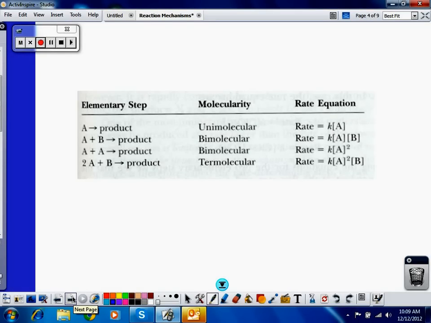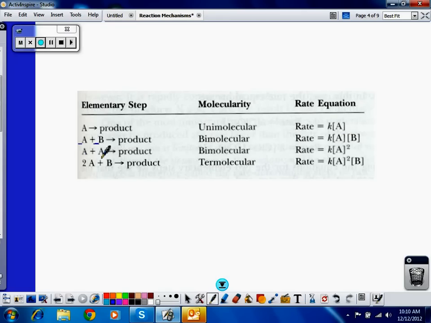And as it turns out, the rate law for an individual step can be determined by looking at the stoichiometry of the step. So for example, if in a step A plus B gives me products, so that means a molecule of A collides with a molecule of B, the rate law is k times the concentration of A to the first power times the concentration of B to the first power. So I can actually look at these coefficients to give me the order of the reactants if and only if it is an elementary step in a mechanism.